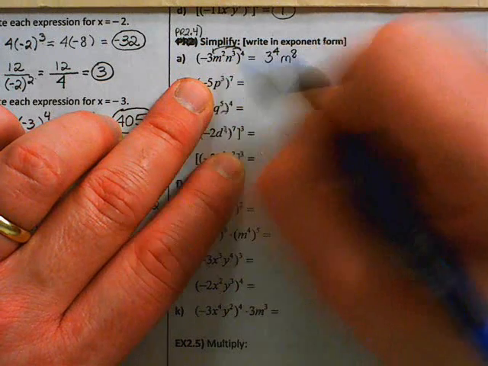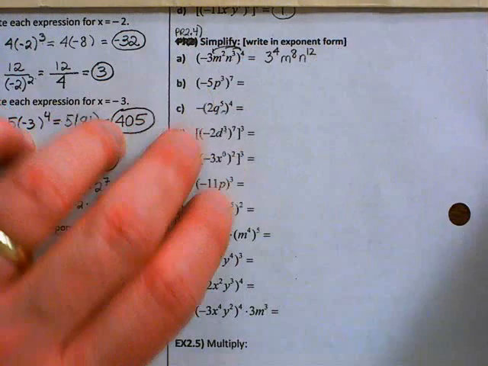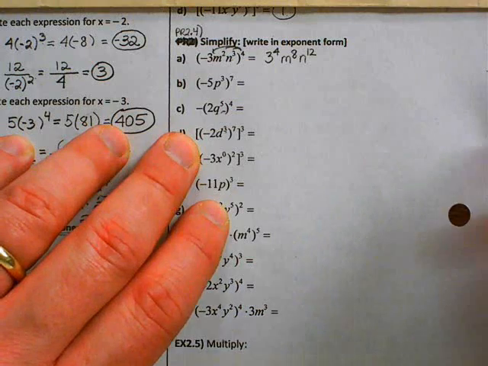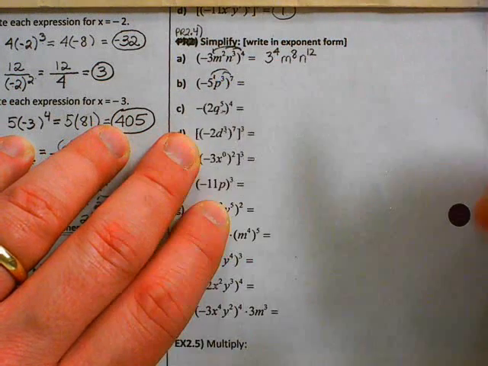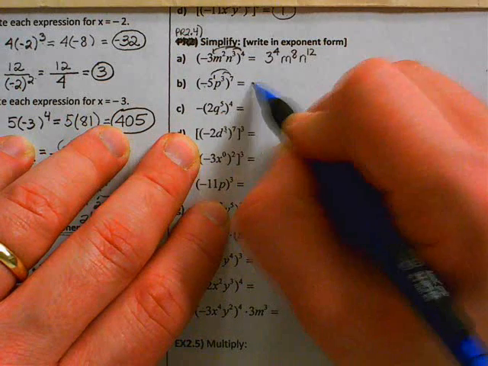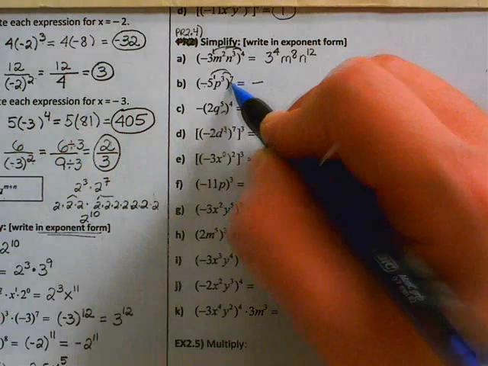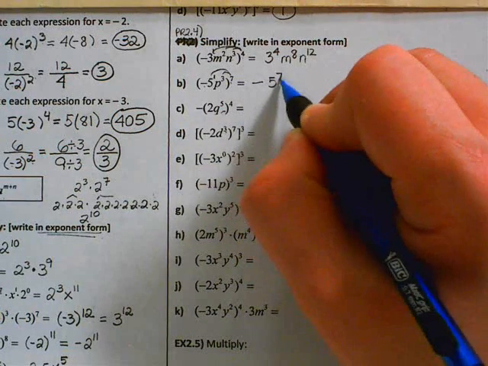If I do the same thing here, remember there's an invisible 1. Well, first of all, the negative will stay because this is an odd power. 7 times 1 is 7, so 5 to the 7th. And 3 times 7 is 21, so p to the 21st power.